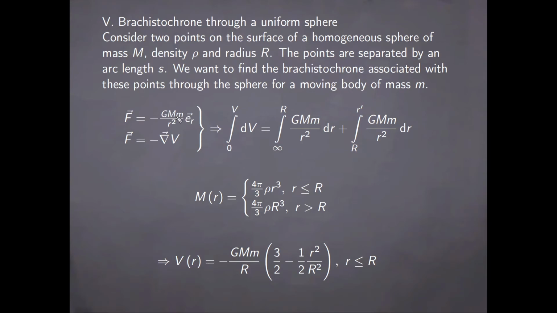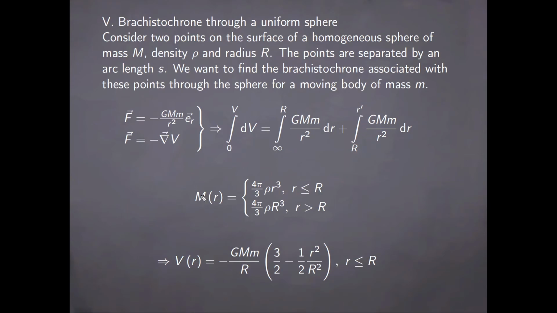The force involved is simply the gravitational force given by Newton's law. And we know that this is derived from a scalar potential, which we find by direct integration by considering first the work done on the particle of mass m by the gravitational field and bringing it from infinity to the surface of the sphere, and then the work done from the surface of the sphere to an arbitrary point r prime inside the sphere.